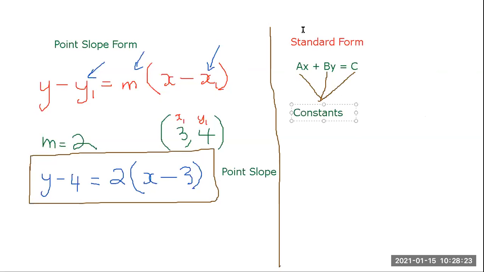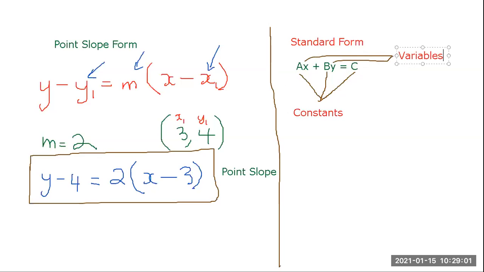Right? A, B, and C are constants, and where x and y are variables. All right, so it's in this form. So whenever we have an equation in this form, then we know it's in standard form.